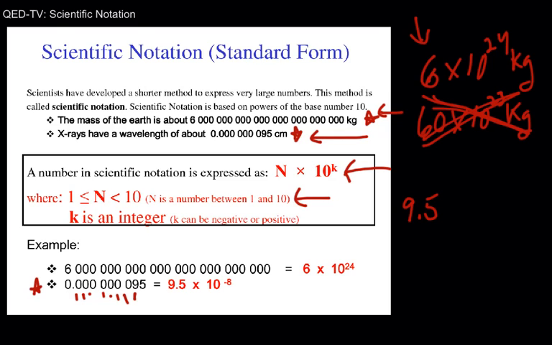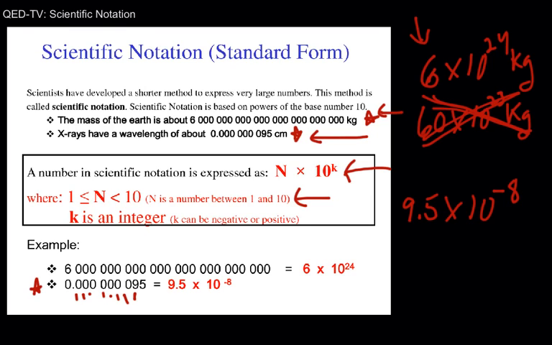So that's 6, 7, 8. I moved it over 8 times. Now this number is less than 1, so when I do times 10 and put the 8th power on there, it's going to be a negative 8. If your number is less than 1, you're going to have a negative exponent. So 9.5 times 10 to the minus 8 is what I have there.